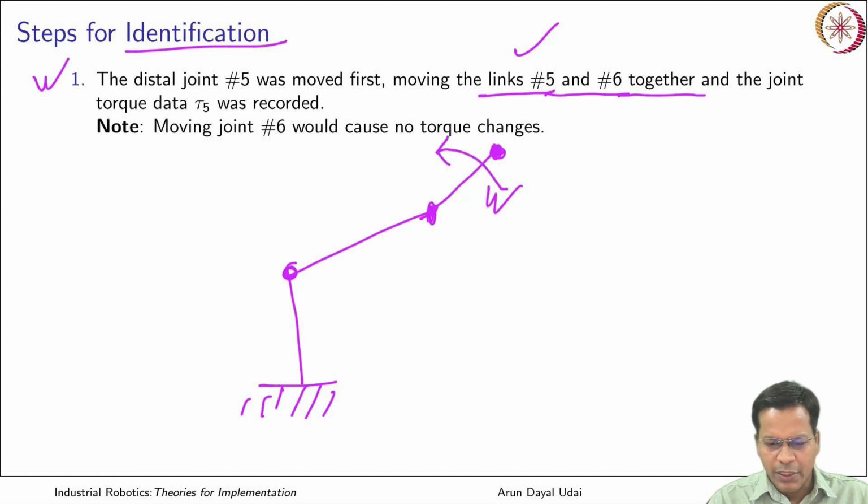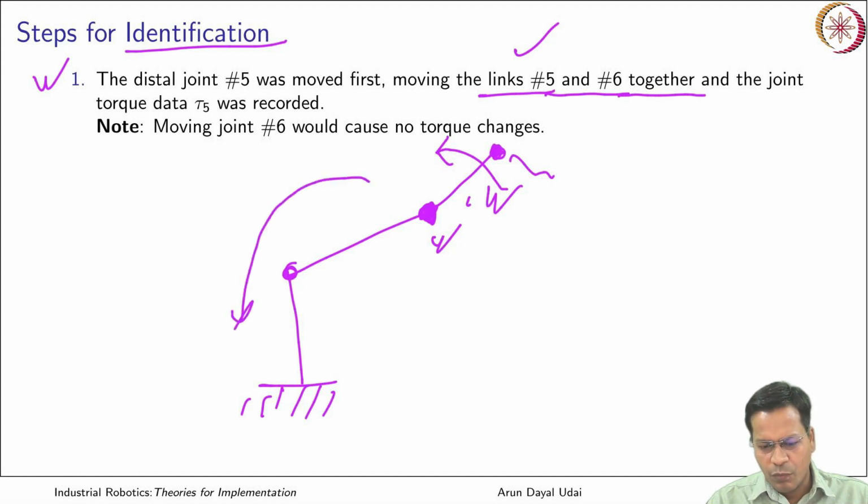If I move this, torque variation will be there, and that is only because of this link motion, and there is no torque at this end. Okay, so that is the reason I started here first, and then iteratively I'll come back. Because while moving this link, I already have the torque variation at this joint.